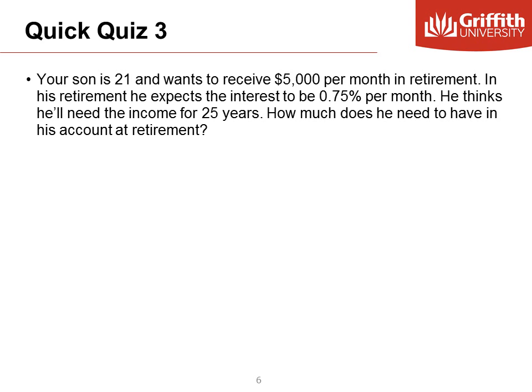You might be inclined to say future value because the retirement is in the future. Yes, the money is needed in the future, but it's needed when the son retires. So actually we're trying to find the present value of his pension.